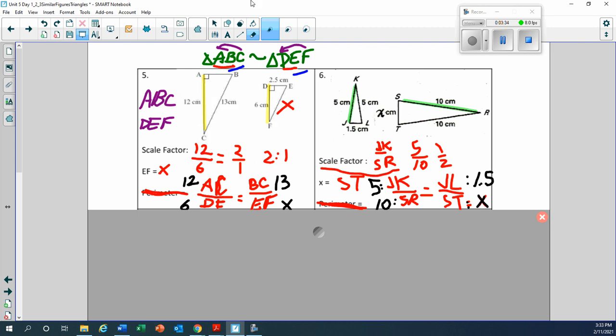So we're going to put CA on the top. I didn't really go into detail on how we got these letters, but CA on the top and FD on the bottom.